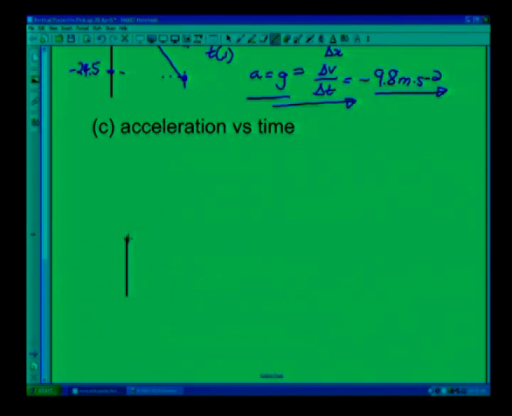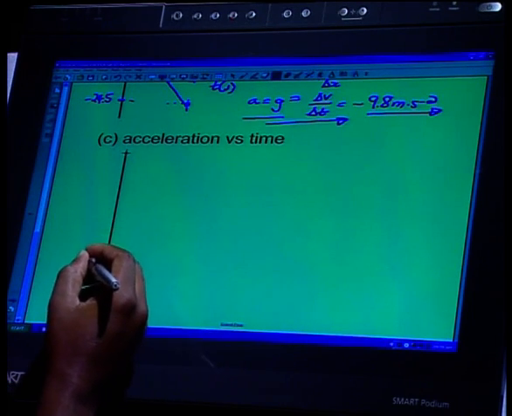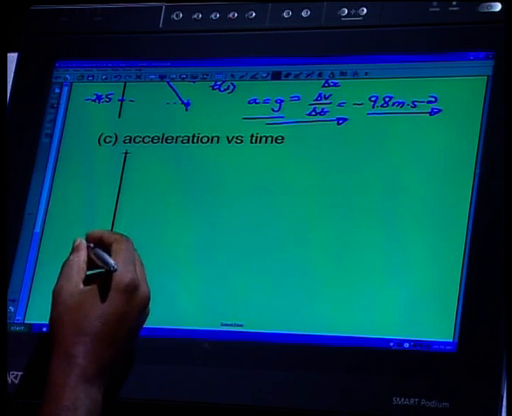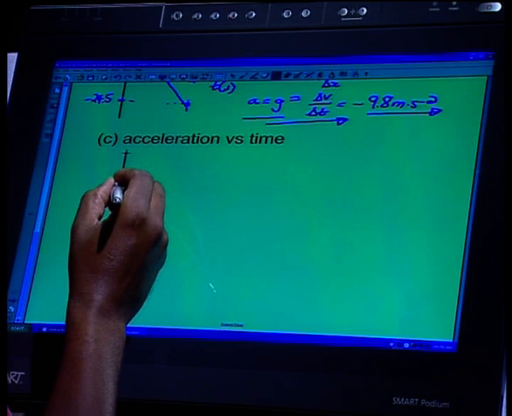We need the vertical axis. We also need the horizontal axis. But I need to be careful again here because my acceleration is negative, so it has to be in the negative section of my vertical axis.